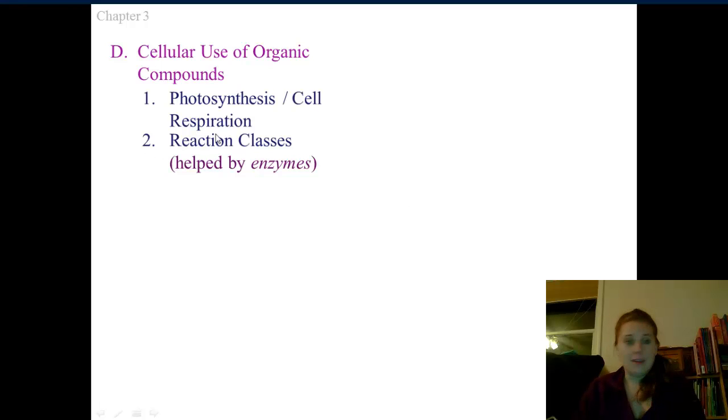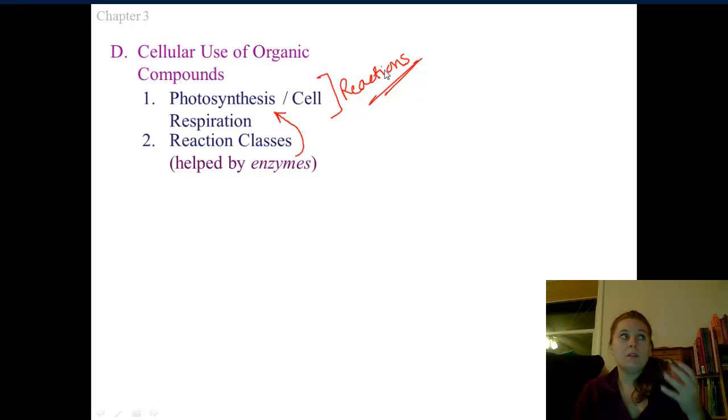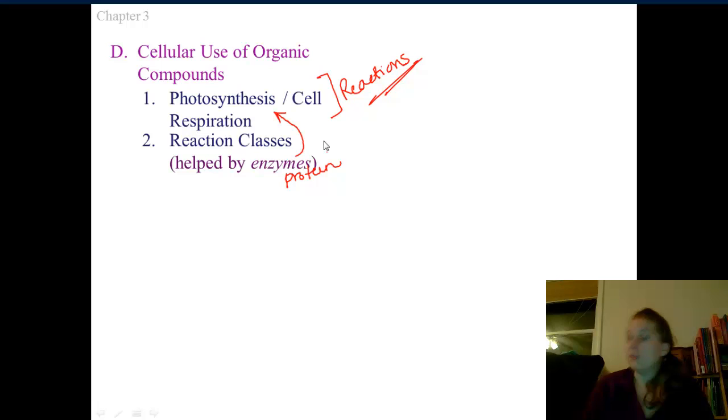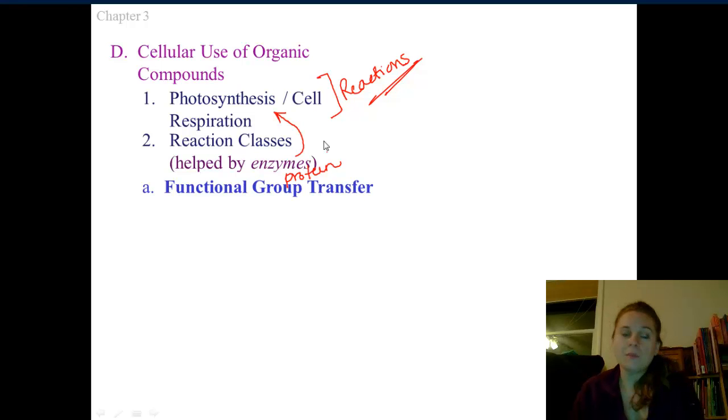And the reactions are put on because of enzymes. Enzymes, special class of protein, they are our biological catalysts. Just wait on that one because we're going to be getting in pretty hot and heavy with those.